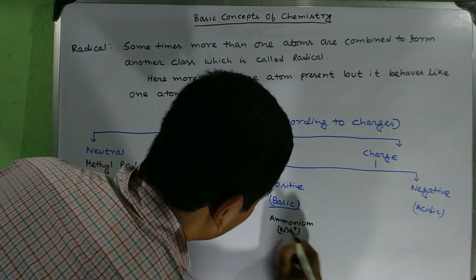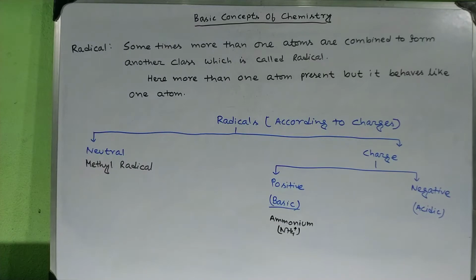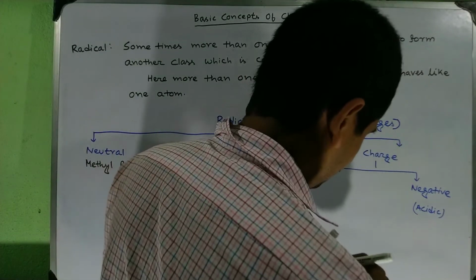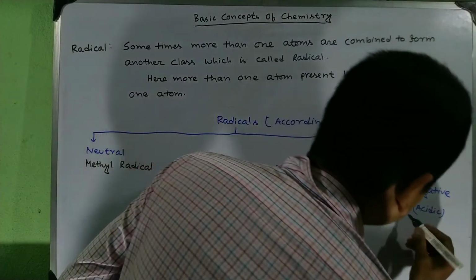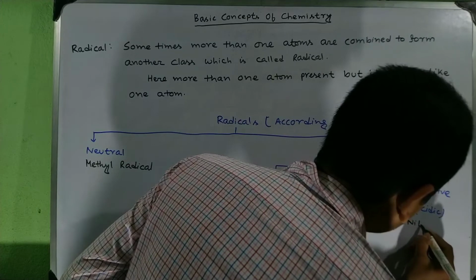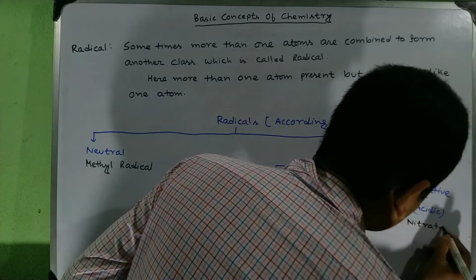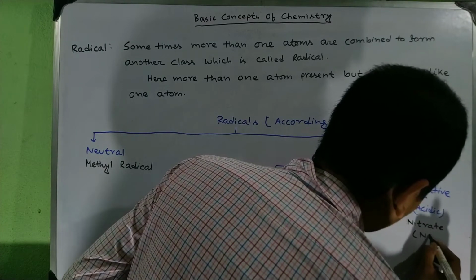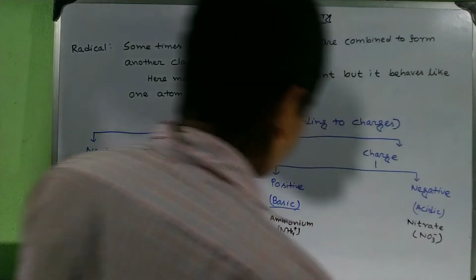Now the example of a positive radical is ammonium, NH4 plus. Clear? And the negative radical is nitrate, and the formula of nitrate is this.